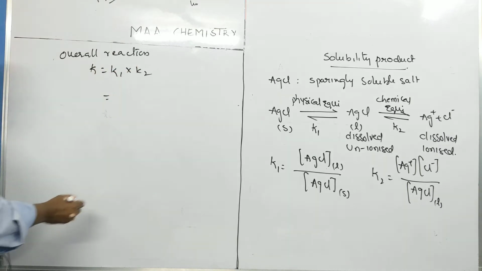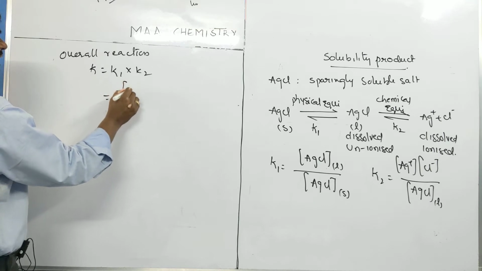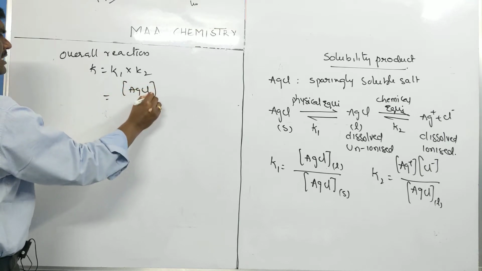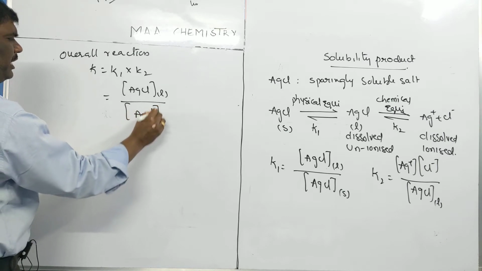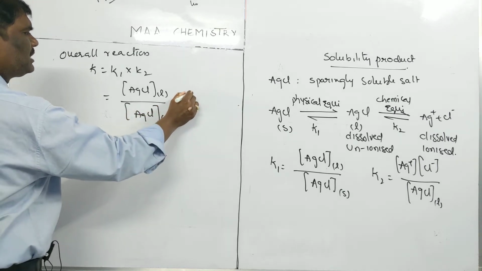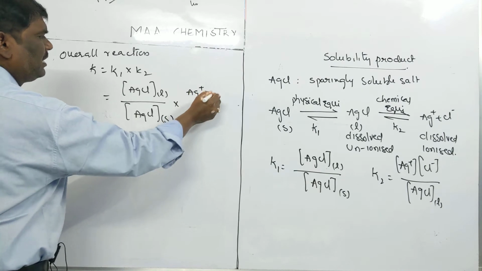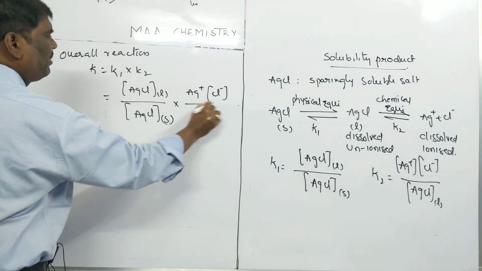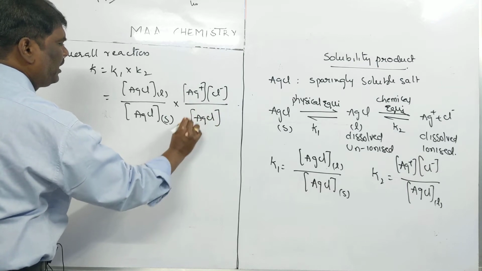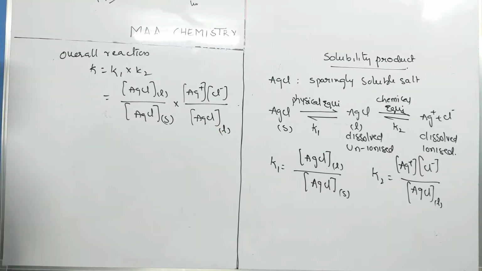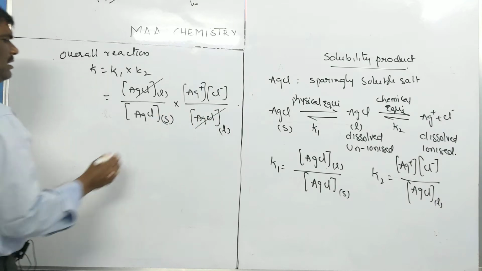Then we get the product: concentration of AgCl liquid by concentration of AgCl solid, into concentration of Ag plus into Cl minus by concentration of AgCl liquid in the undissolved form. These two get cancelled.